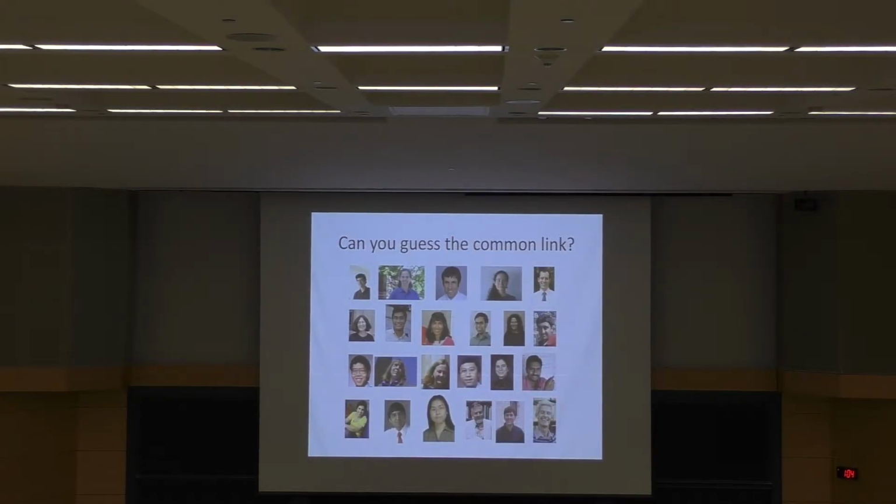All right, so here are pictures of people who do research in theoretical computer science. This includes algorithms as well as complexity. Can you guess the common link between them? Yeah, Evan. I was going to say they're all researchers. Well, no, they're all researchers in theoretical computer science, so I've taken that off the table. Tyler. They all got C's in undergrad algorithms.